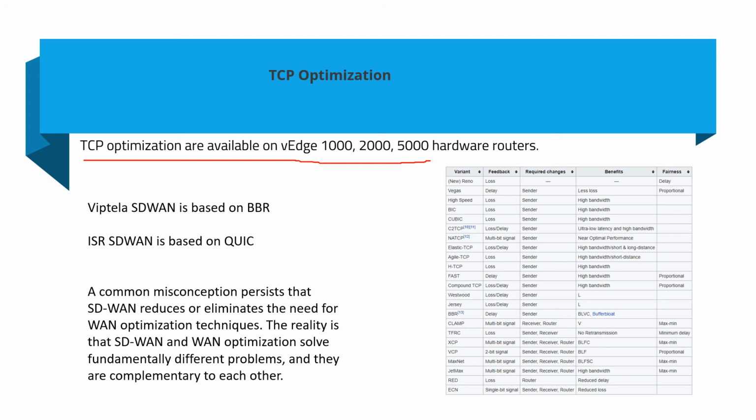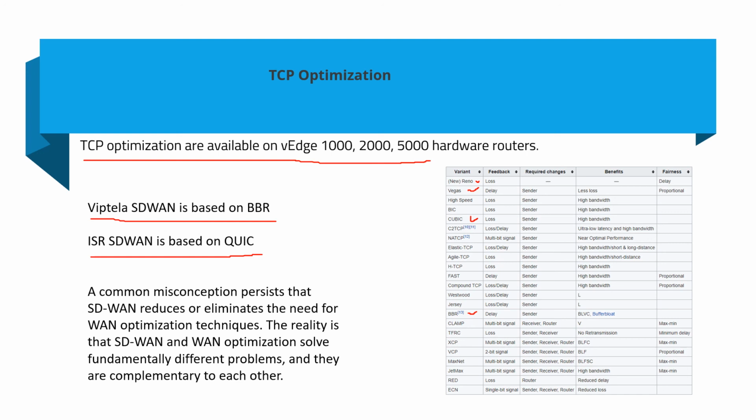You can see on my screen, these algorithms can be Reno, Vegas, Cubic, and BBR. Then you have QUIC also, that's the latest one. All these techniques give you a better congestion control mechanism and better throughput over the WAN. Viptela SD-WAN is based on BBR, and the ISR series of SD-WAN is based on QUIC.